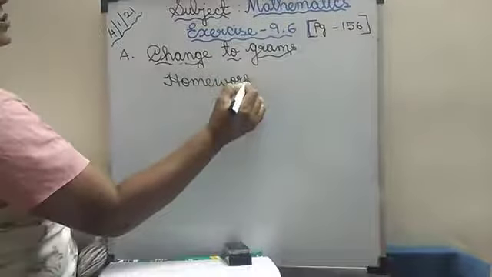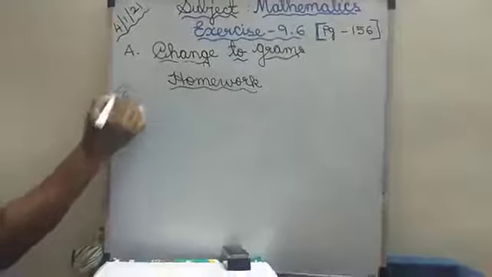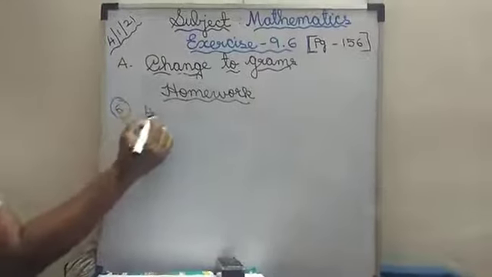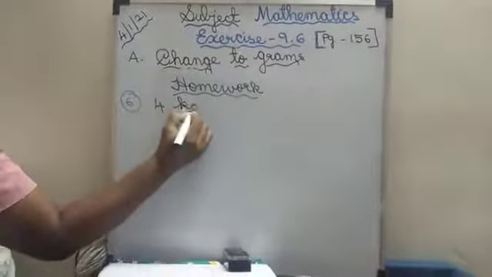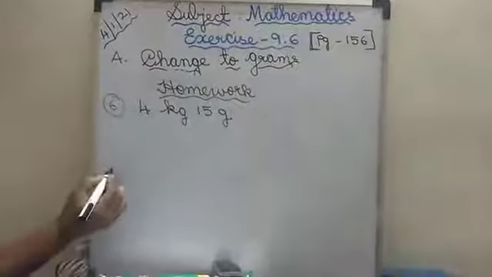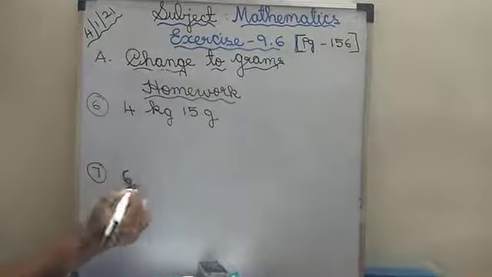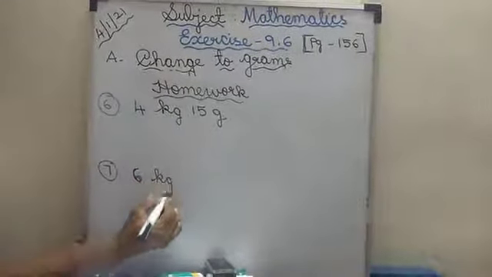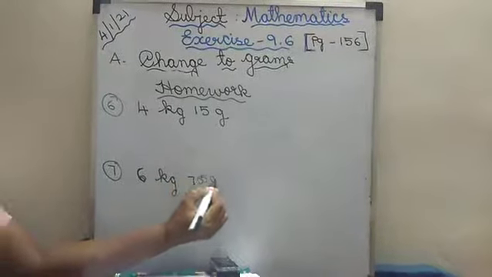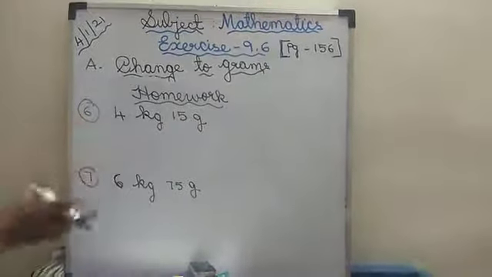After the 5th sum you have to write 6 and write the homework. 4 kg 15 gram. And the 7th sum, 6 kg 75 gram. Understood, children? These 2 sums are for homework.